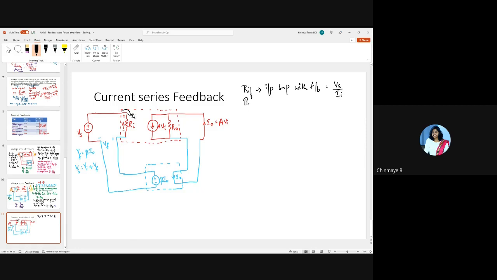So let Ri be the input impedance without feedback. And this is given by Vi by II. So now we have to prove that RIF is equal to Ri into 1 plus A beta. Can you do it? Okay, I think some of you might have done it, but then we'll do it together now. See if whatever you've done is right.